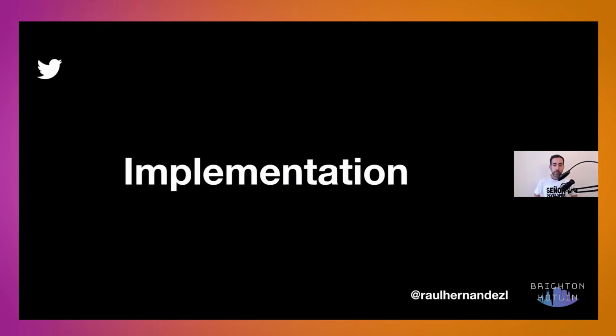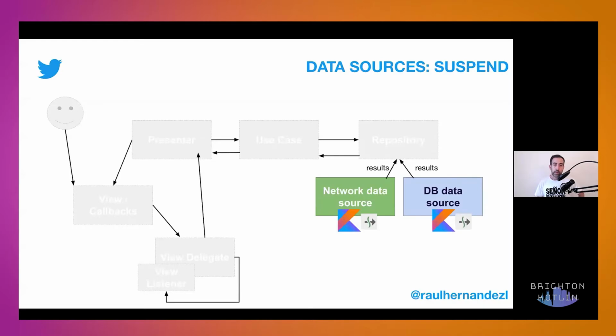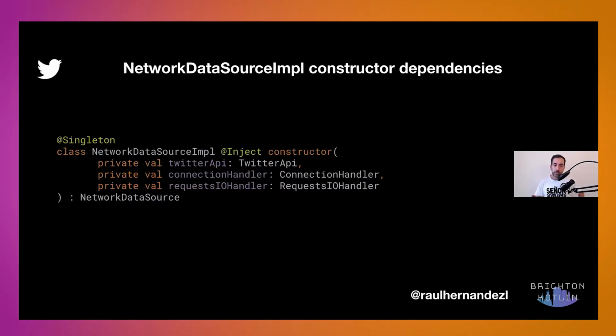Let's see some implementation details for that particular case. So first of all, if you think about it, I use data sources with the network and the database. What I use, if you remember, were suspend functions, once the operation returns some results from the network or the database. So something as simple as that.